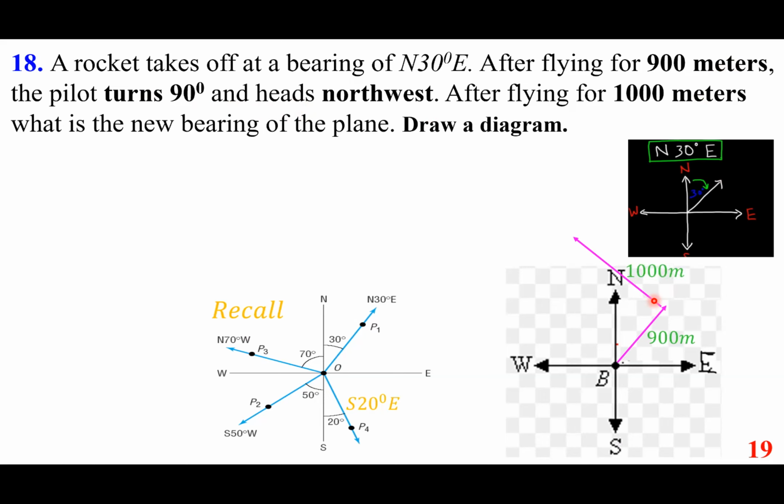And we're going to go for about 1,000 meters, which creates this line. What is the new bearing of the plane? Draw a diagram, which means if you call this angle alpha, the answer is north alpha west. So all we have to do is come up with the value of alpha.